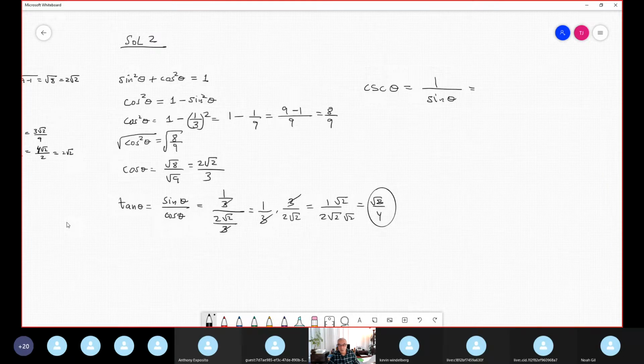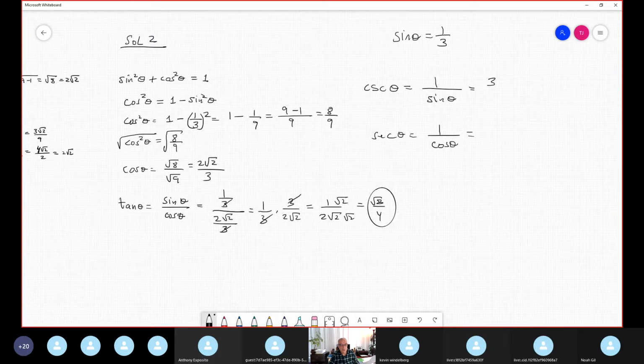It's 1/3. So it's 3. If sine is 1/3, cosecant is 3 over 1. And 3 over 1, when the denominator is 1, it's invisible. It's 3. And secant is the reciprocal of cosine.